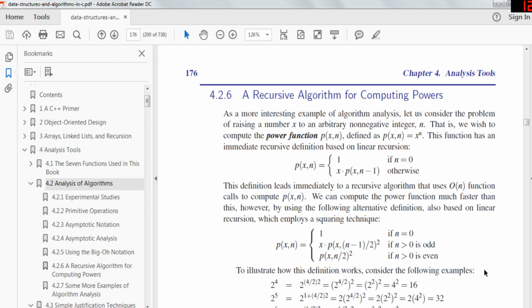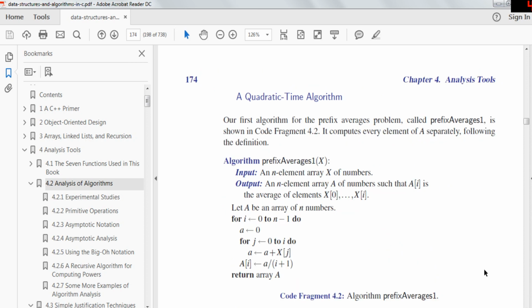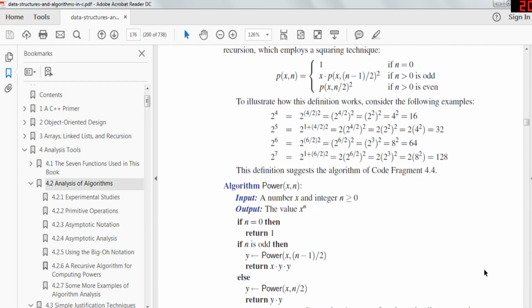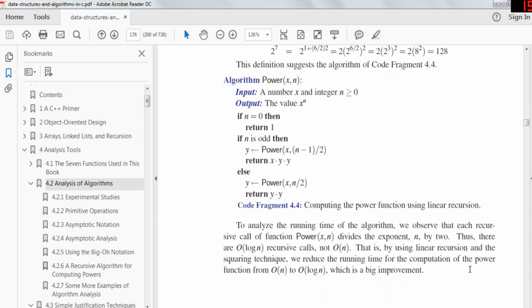Alright, let's just go down. So this algorithm is the algorithm of this code, which computes the power of x to the n. Given a number x and n greater than or equal to 0, the value x to the n: if n is equal to 0, then they return 1.